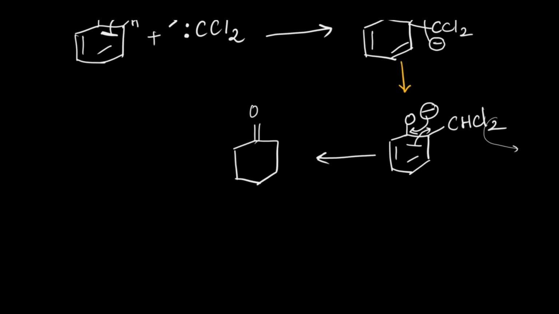Double bond O, double bond C with hydrogen, and one Cl will be there. Remaining double bonds remain the same. Okay, now in the presence of base, base is attacking this carbon.